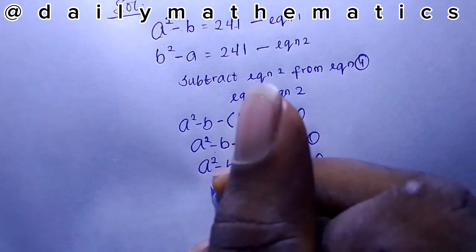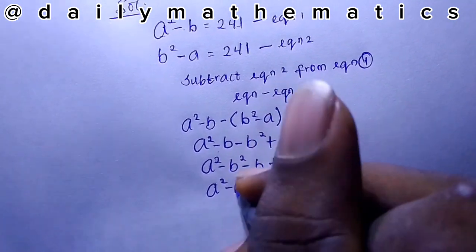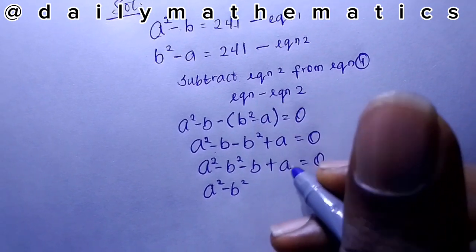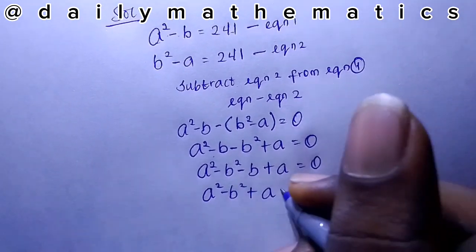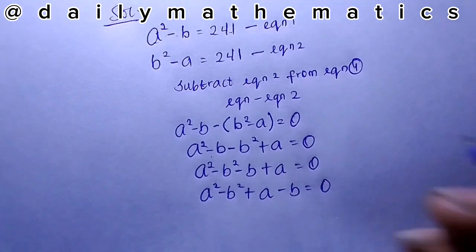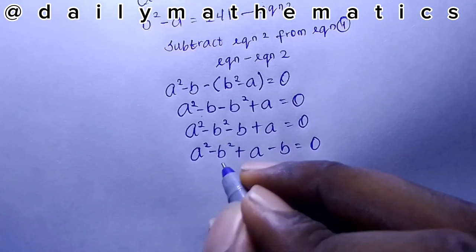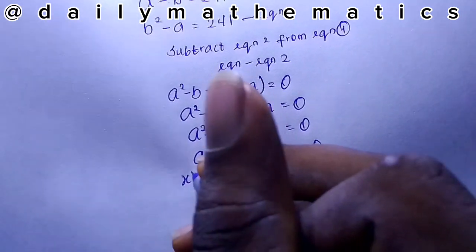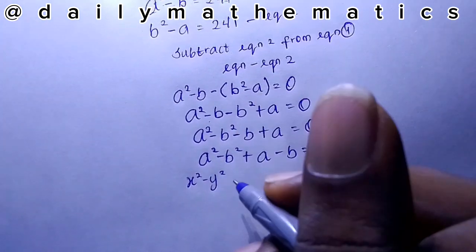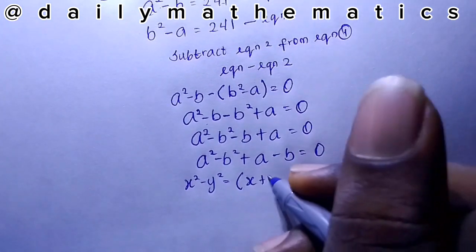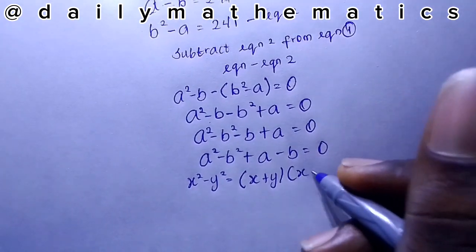So from here we have A squared minus B squared. This minus B plus A can also be written as plus A minus B equals 0. Right? So from here, what's the next thing to do? A squared minus B squared. Remember when we have x squared minus y squared, it will give us x plus y and x minus y. Right?